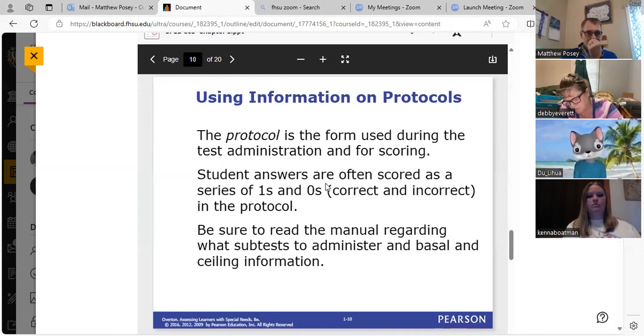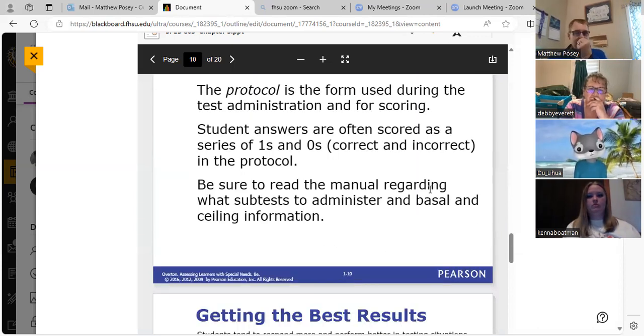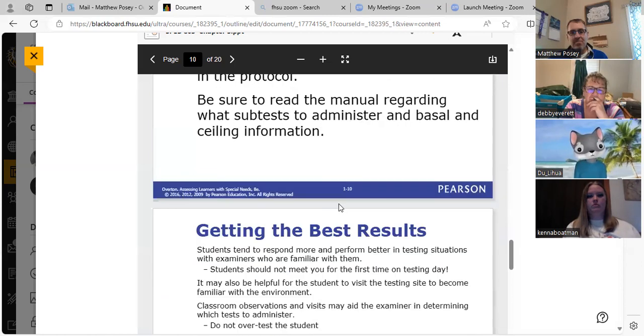A lot of times when we're scoring them, you'll see a series of ones and zeros. When I put a 1 by it, that means it's correct. When I put a 0 by it, it's incorrect. So I'm going to count up how many ones on that subtest, and once I count them up, that's my raw score. Okay. So that's what we have with the protocols or the testing manuals.